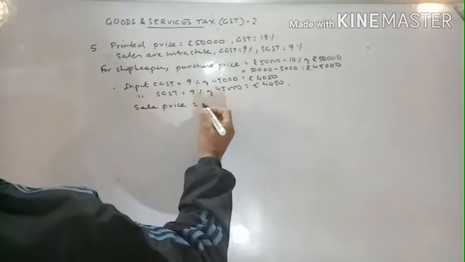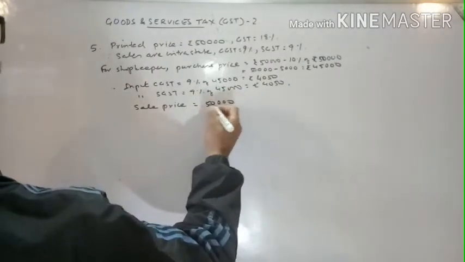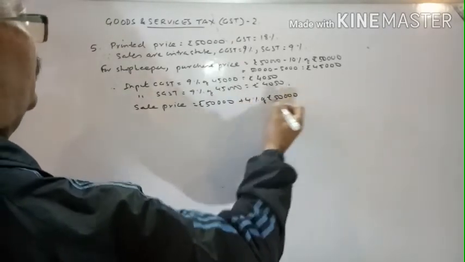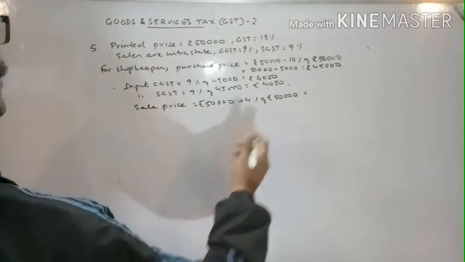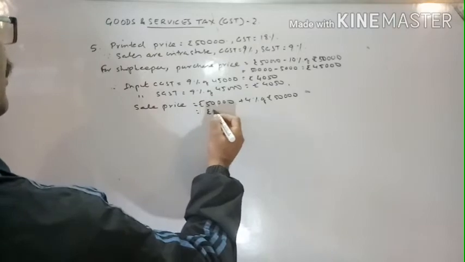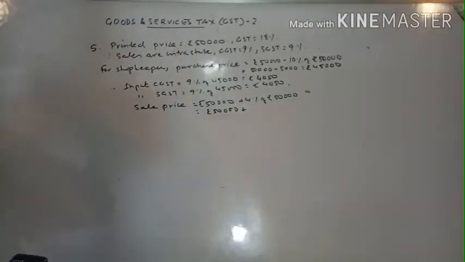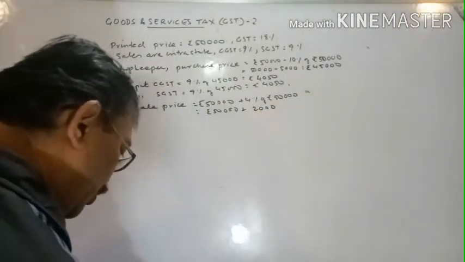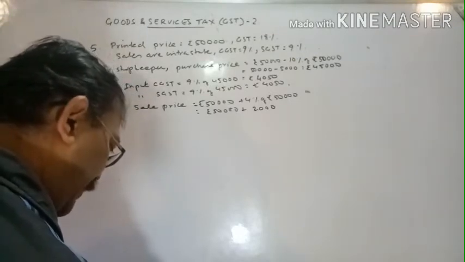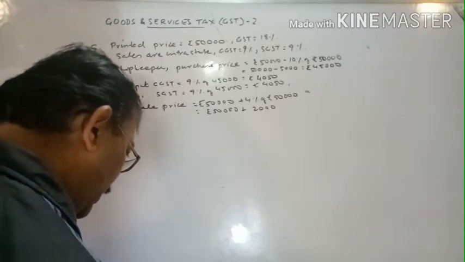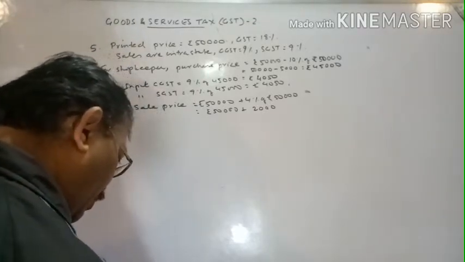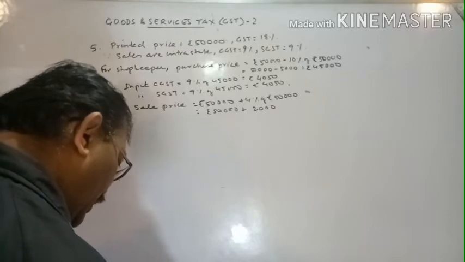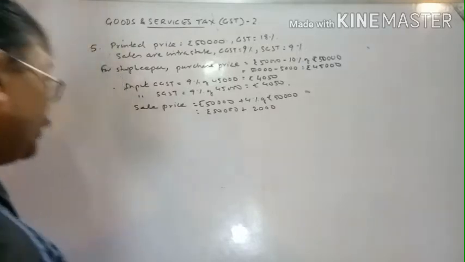So the sale price is 50,000 plus 4% of rupees 50,000. 4% means 0.04 into 50,000, which is equal to 2,000.